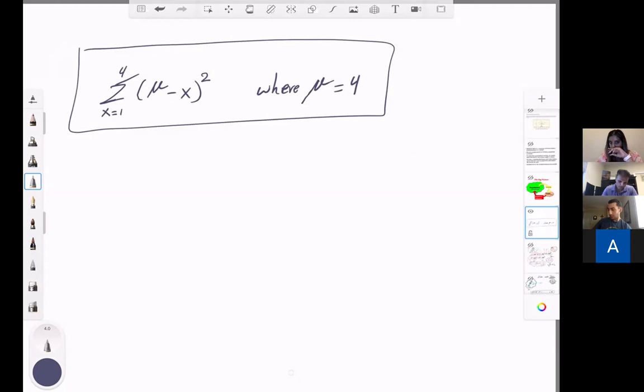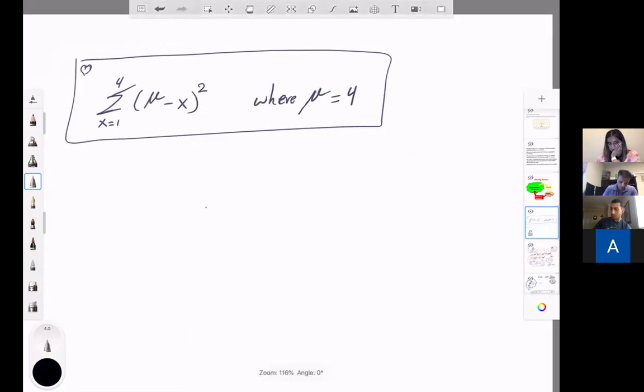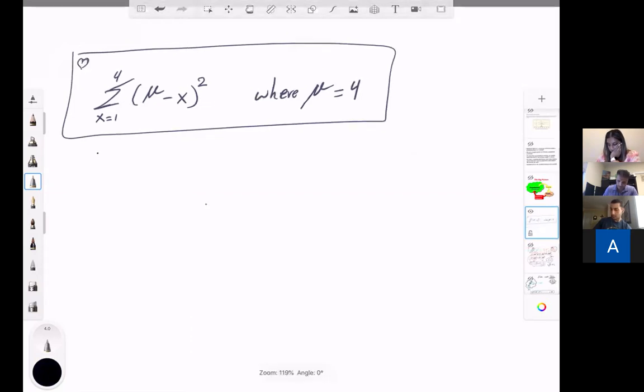So we know everything in this question. Is mu equal to 4? So I can just substitute mu there.